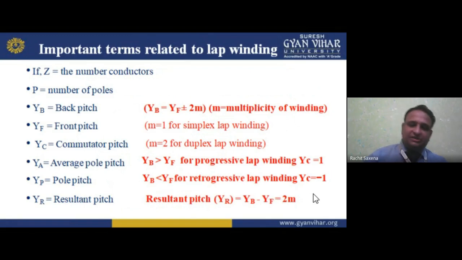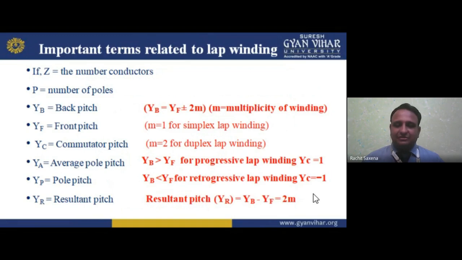So for progressive, back pitch is greater than the front pitch, and commutator pitch is 1. For retrogressive, back pitch is less than the front pitch, and commutator pitch is minus 1. The resultant pitch is always the difference of these two pitches, equal to 2M. I hope you understand these important terms related to the lap winding.